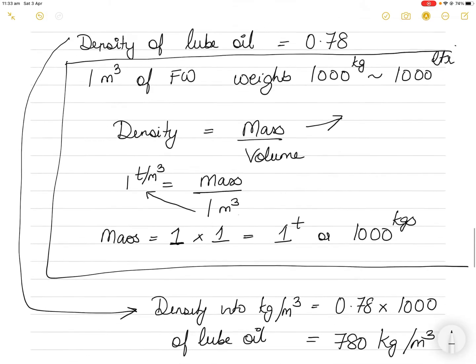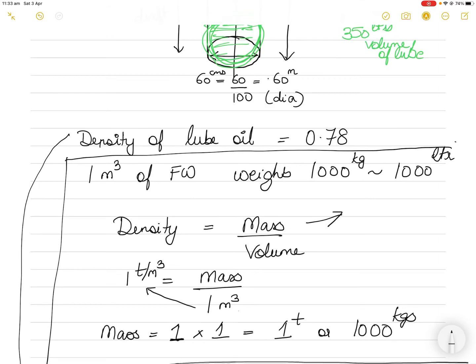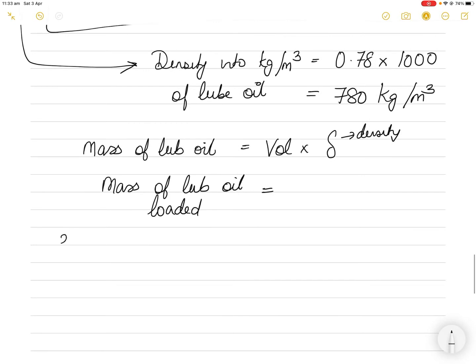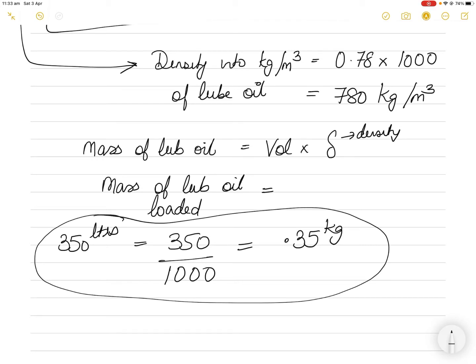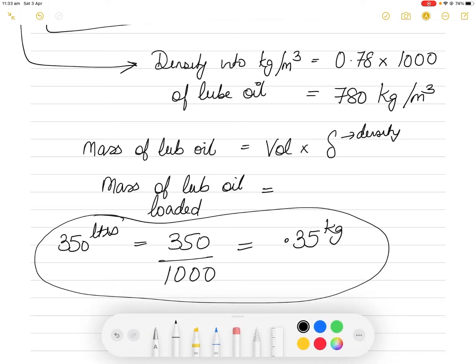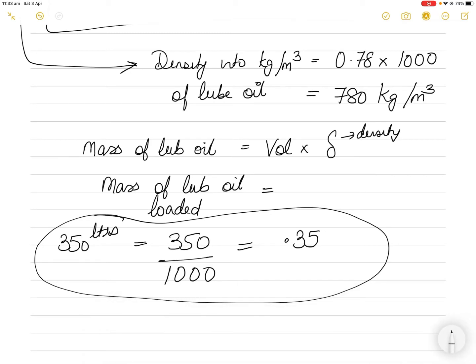So how can I do that? Like I told you before, the relationship is 1 metric cube of fresh water equals 1000 kilograms, which is equivalent to 1000 liters. So if I have to convert 350 liters, what will I do? 350 divided by 1000, which gives an equivalent volume. So mass of lube oil will be, 350 liters converted, 350 divided by 1000, which is equal to 0.35.